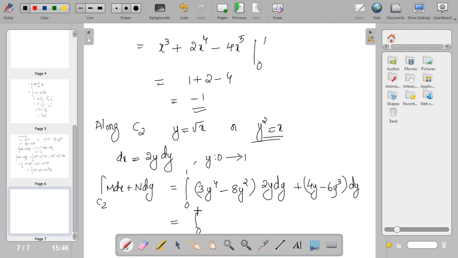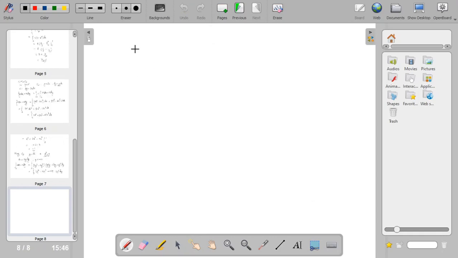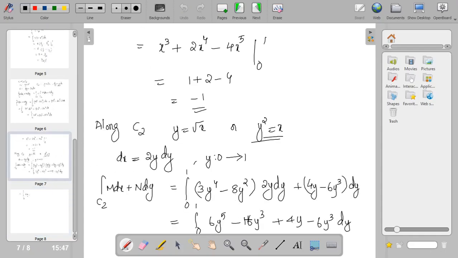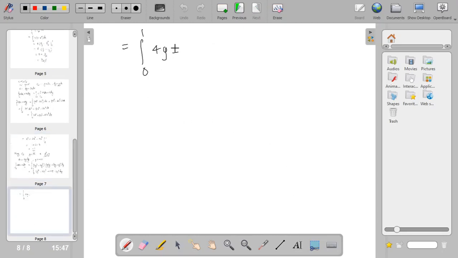So that will be integral 0 to 1. So you will get 6y raised to 5 minus 16y cube plus 4y minus 6y cube dy. So that will be equal to integral 0 to 1 of 4y minus 22y cube plus 6y raised to 5 dy.